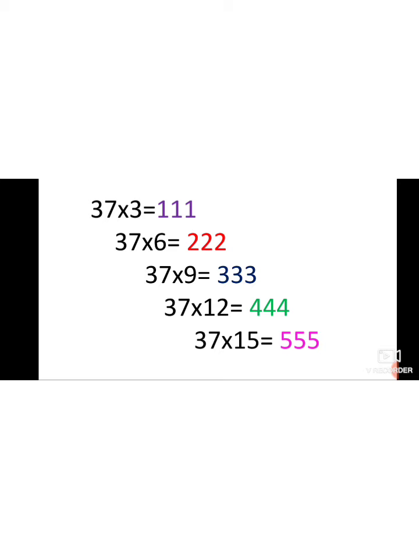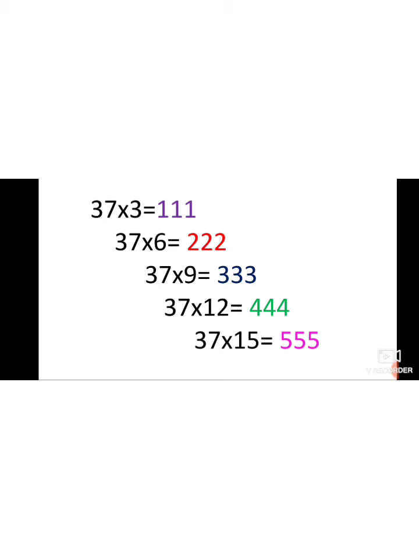If you go to the third number, 3, 6, 9. See, these are 3, 6, 9, 12 and 15, multiples of 3. Now you're multiplying the number 37 by the multiples of 3. And when you do that, the answers that you get are amazing.